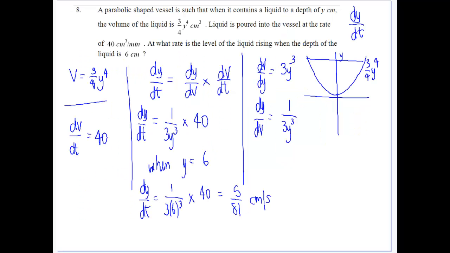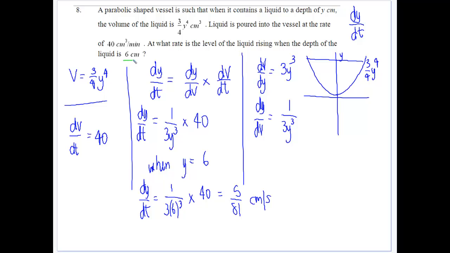This time we've got a parabolic shaped vessel. It is such that when it contains liquid at a depth of y centimeters, the volume of the liquid is 3/4 of y to the power 4. So the liquid's poured in the vessel at a rate of 40 centimeters cubed per minute. And what we want is the rate the level of the liquid is rising at a depth of 6 centimeters.